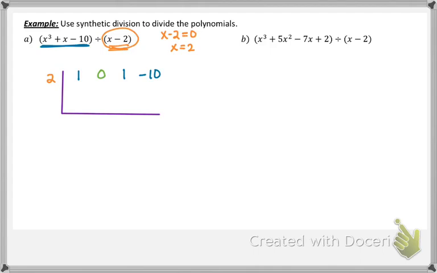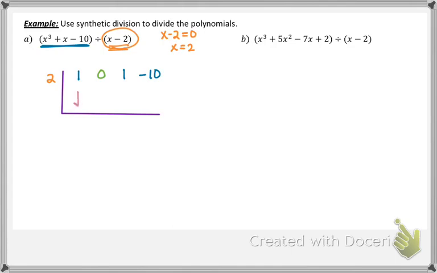So just all the numbers in front of the variables. Remember to put a placeholder regardless of which method you use if that's necessary. All right, coefficients. 1 for the x cubed term, 0 for the x squared, 1 for the x, and negative 10 for the constant.